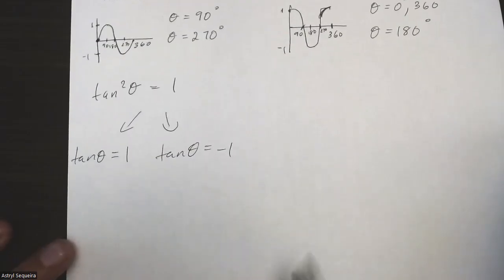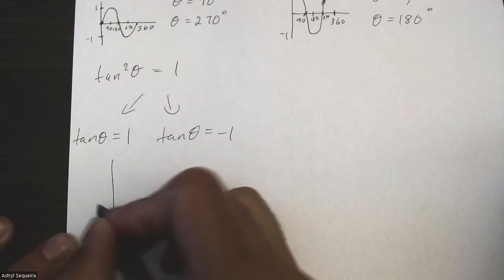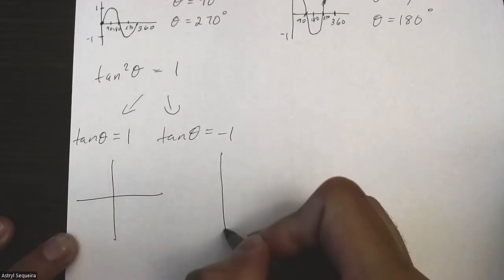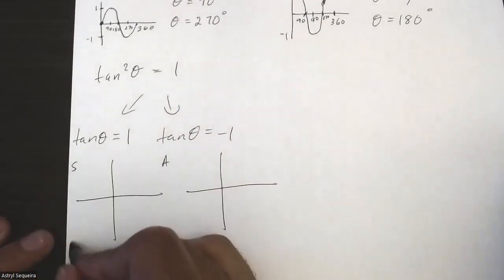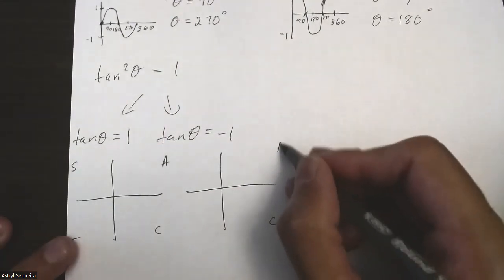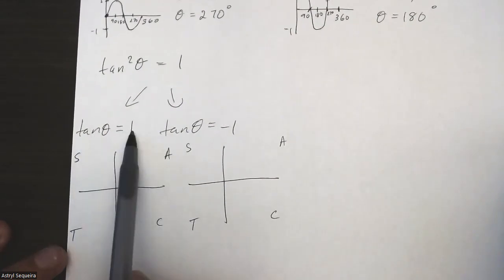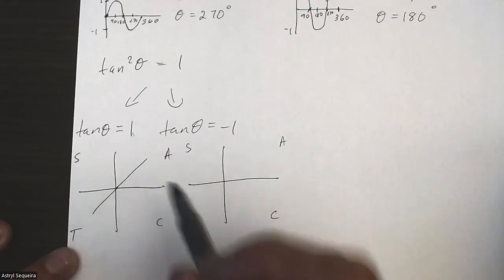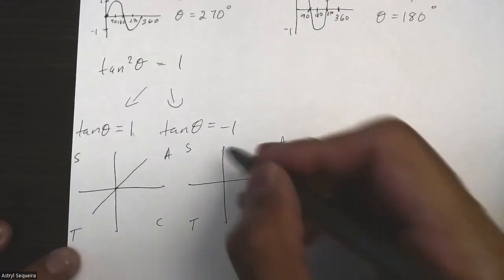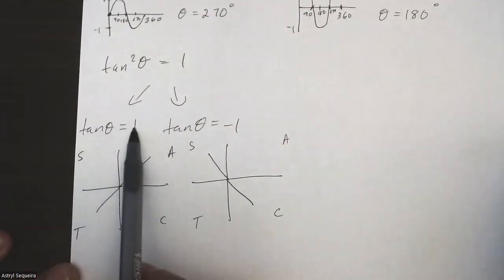For 1 and -1, we're just going to use the cast rule to solve these. I'm going to do my cast rule over here for both of these. So where's tan positive? Well, tan is positive in A and T, and tan is negative in S and C. Then I'm just going to do the tan inverse of 1.